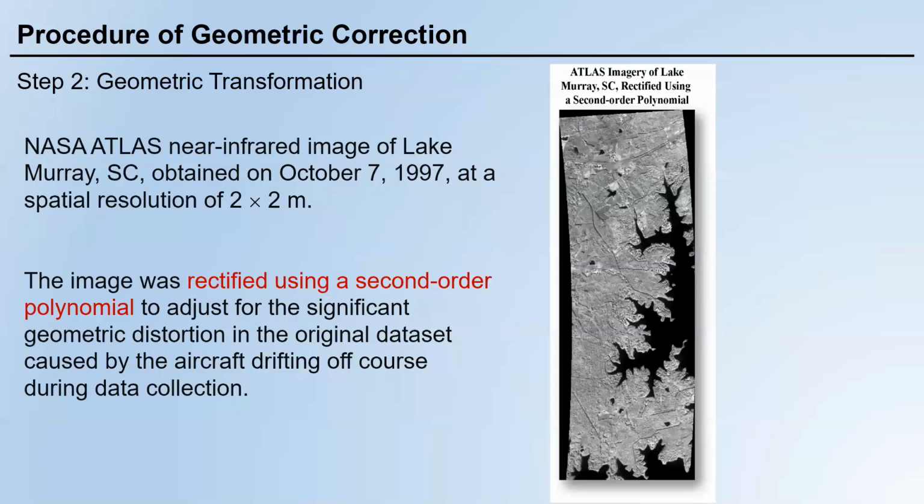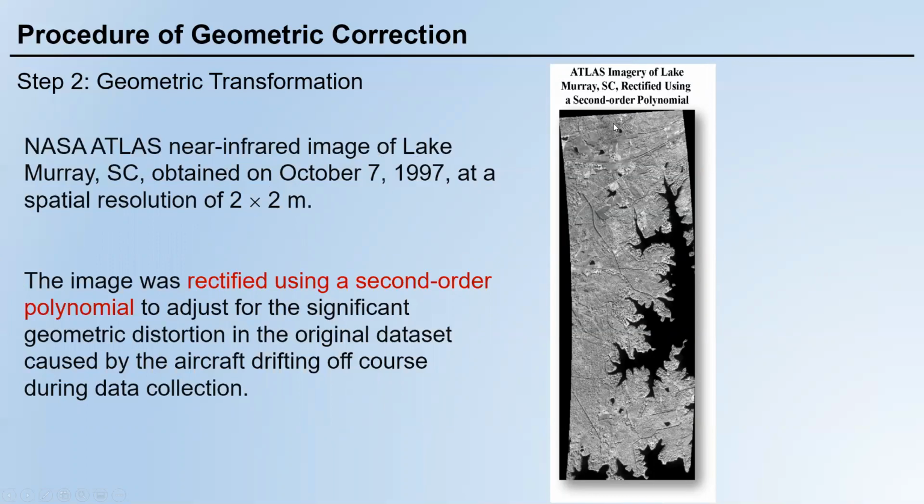Okay, here is an example. It's a NASA Atlas near-infrared image of Lake Murray, South Carolina, obtained on October 7, 1997, at a spatial resolution of 2 meter by 2 meter. It's very high, not extremely high, but very high spatial resolution. So here is the rectified image.